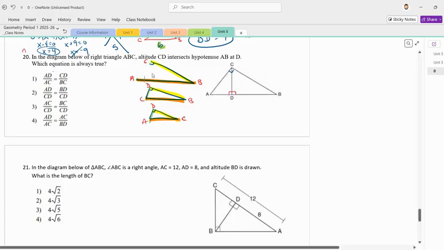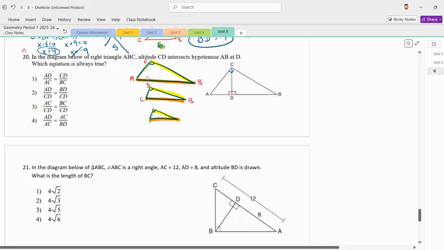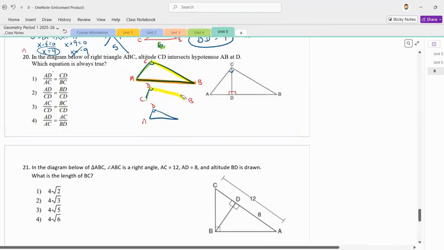Rather than highlighting all the sides, which is a strategy and can work if you go through it, I don't want to get rid of all the letters. Let's instead just not worry about highlighting for this part, this question, okay? We'll go back and redraw.